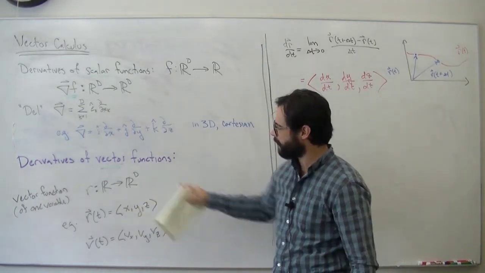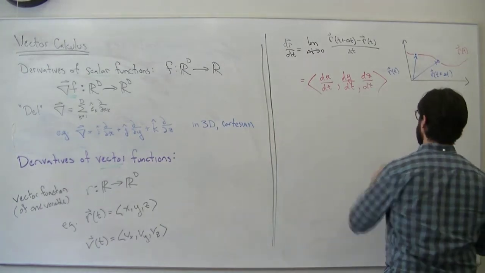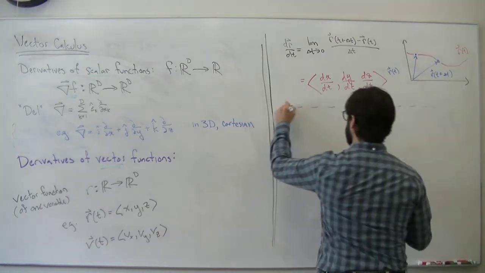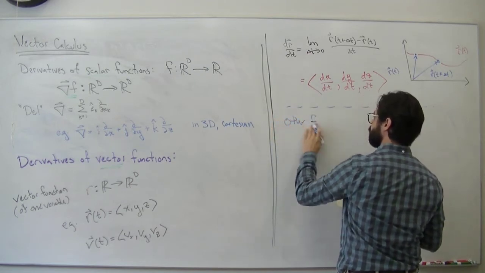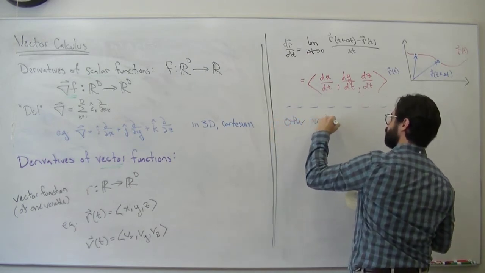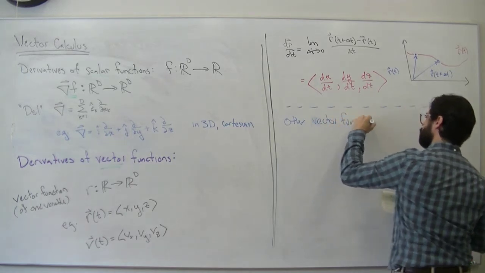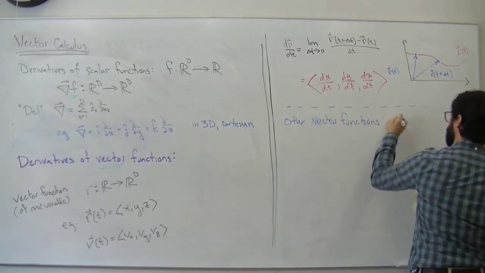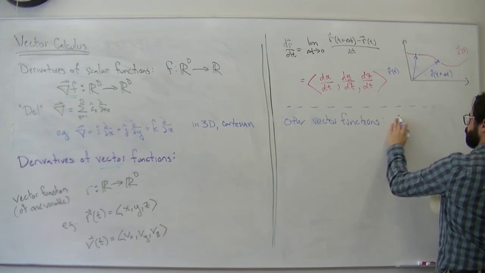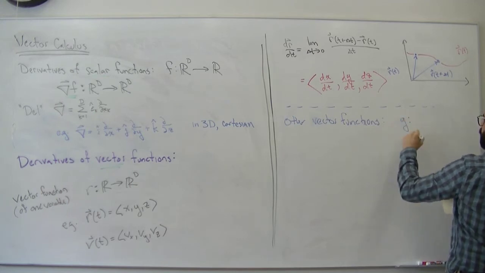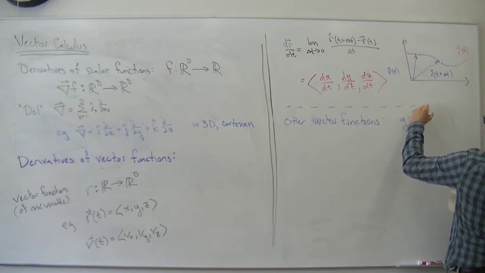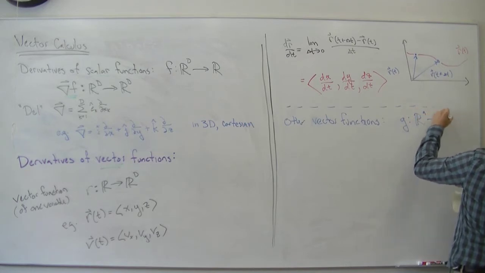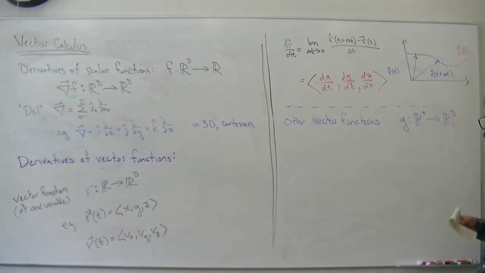So vector functions could be arbitrarily something G, which is a mapping from A copies of the real line to D, the dimensionality of the space.